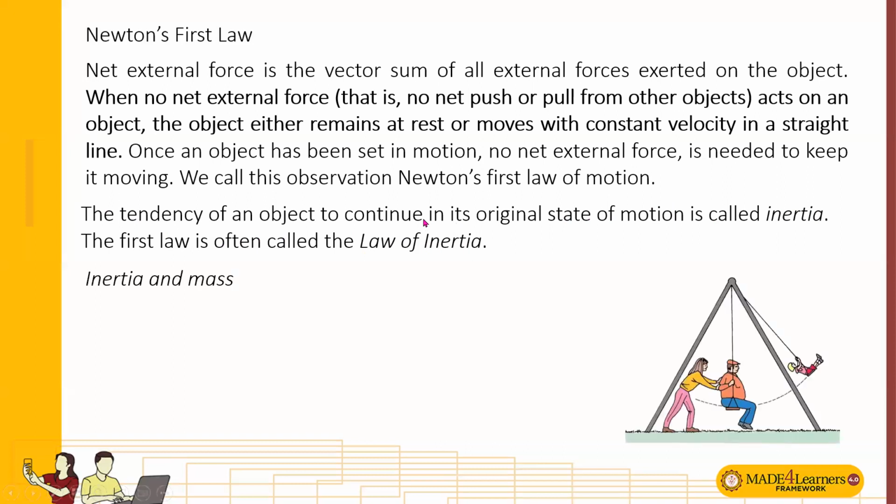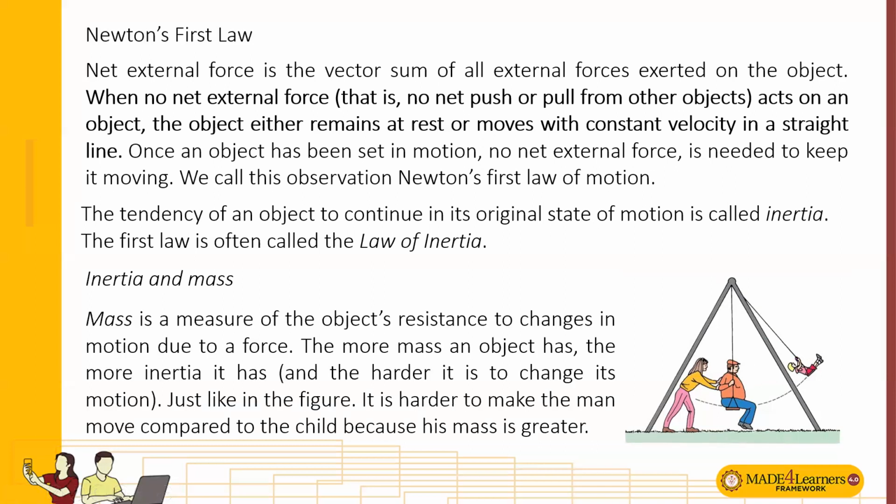As you can see here in the picture, there's a man and a child. Between the two, obviously the child accelerated more compared to the man, because of the difference in their masses. Mass is because of the composition of our body, what atoms are found in our bodies. If we weigh all those atoms and molecules, you'll get the mass of the object.